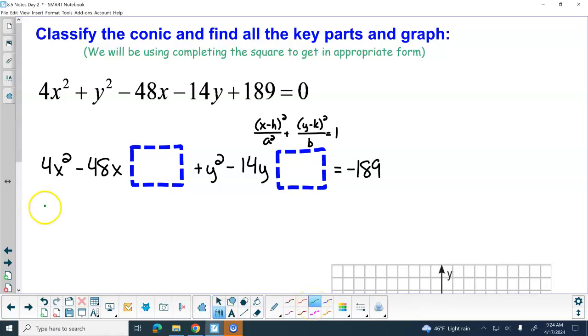Over here on the x's, I'm going to need to factor out a 4.